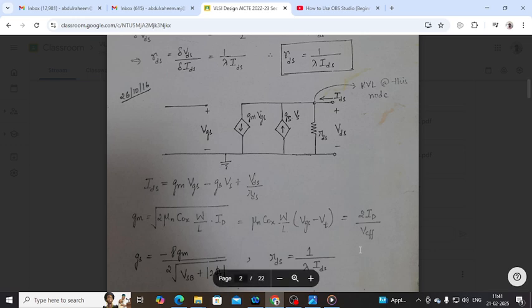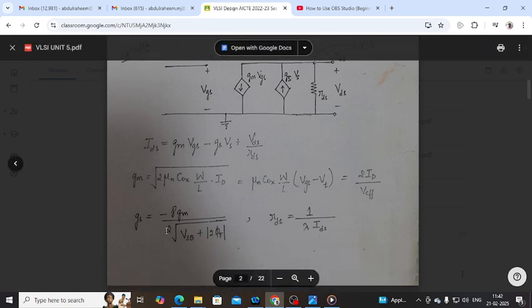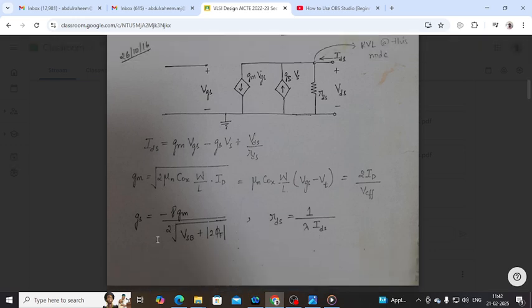Now GMB is nothing but gamma GM by 2 root of VSB, source to bulk, plus 2 phi F. This is your Fermi level. So GMB is written like this. RDS you have as 1 by lambda IDS. So when you go for DC analysis, you need three things.